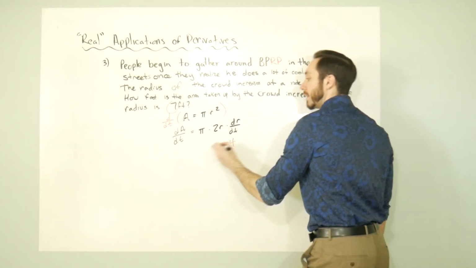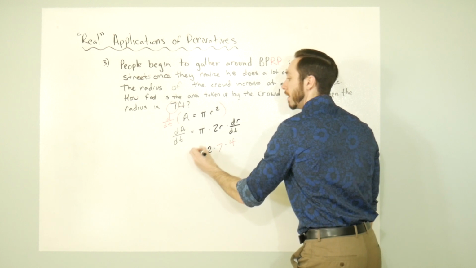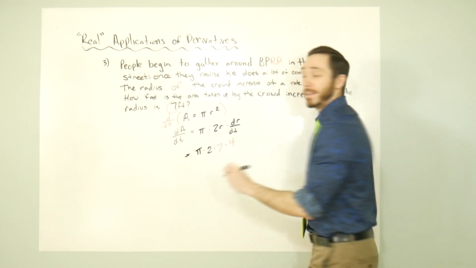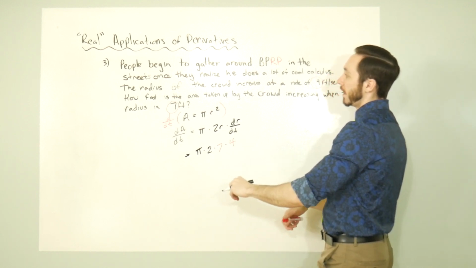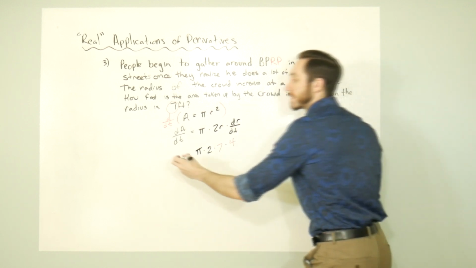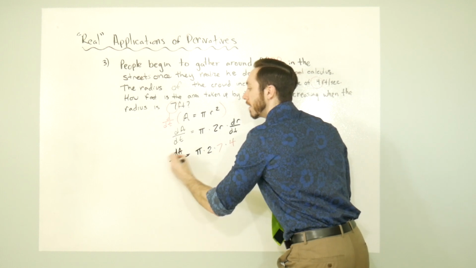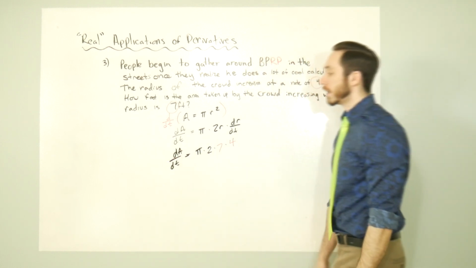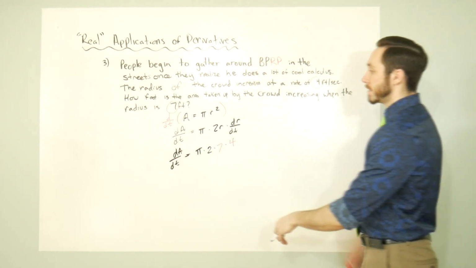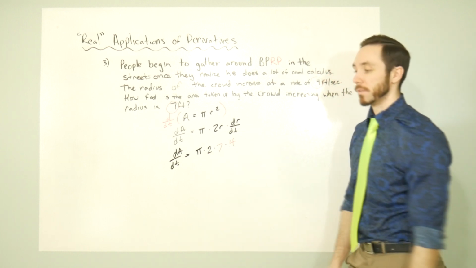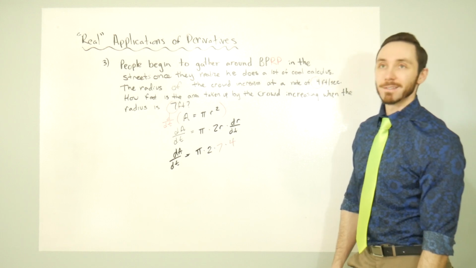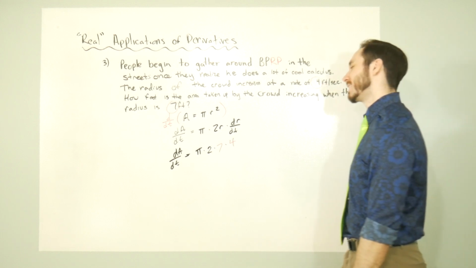In which case, I now have all of my knowns plugged in. I can solve for my unknown, which is how fast the area is increasing. So that's dA/dt. It's my rate that the area changes over time. In which case, do some simple multiplication. Do I happen to know what 14 times 4 is? That's 28 times 2, which is 56.